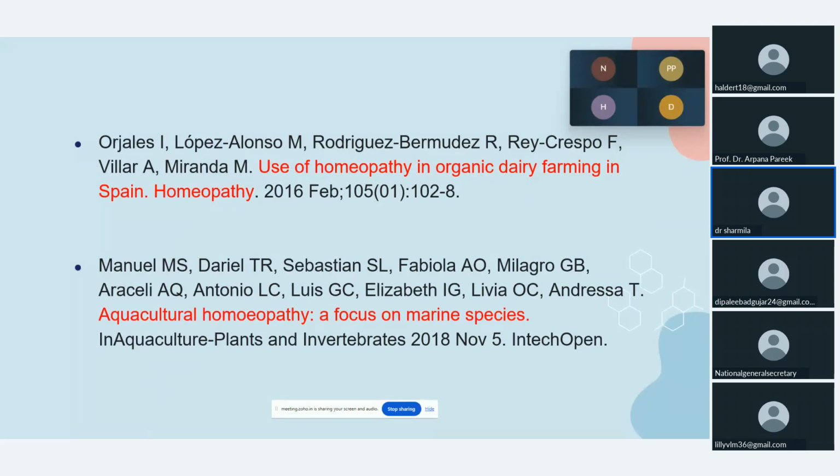There was one case in Spain where they used homeopathy in organic dairy farming. As we have seen in dairy farming, how milk production can be increased, only by providing homeopathic medicine, the productivity of cow milk was improved.